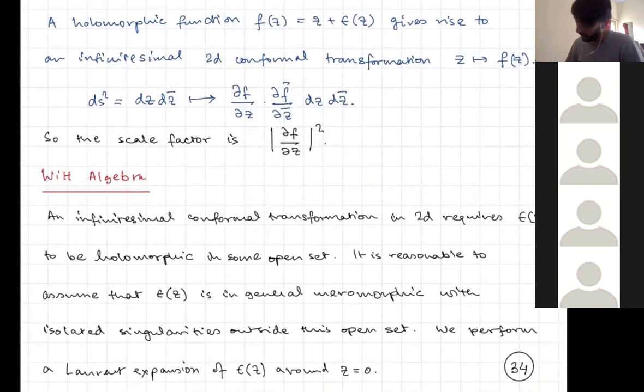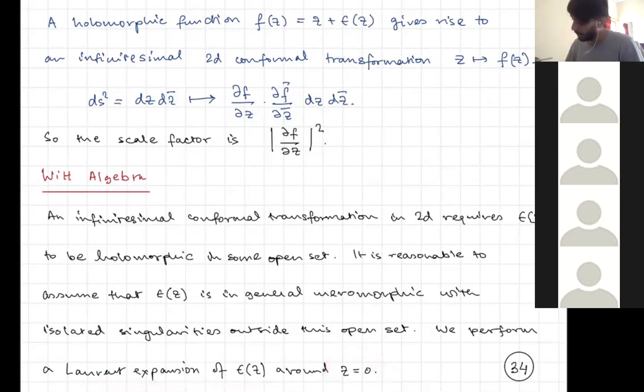Now we wanted to look at what the generators of this particular transformation are. For that, what we did is we required this epsilon of z to be in general meromorphic on the plane. That is, it has isolated singularities outside this particular open set. And we are going to perform a Laurent expansion of this epsilon z around, say, z equal to 0.